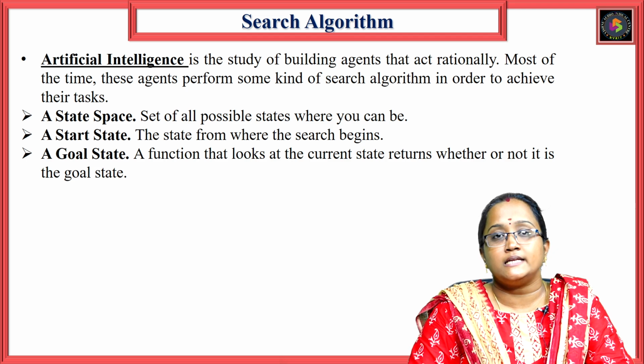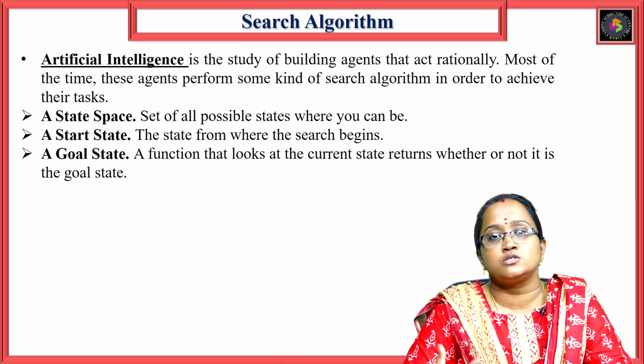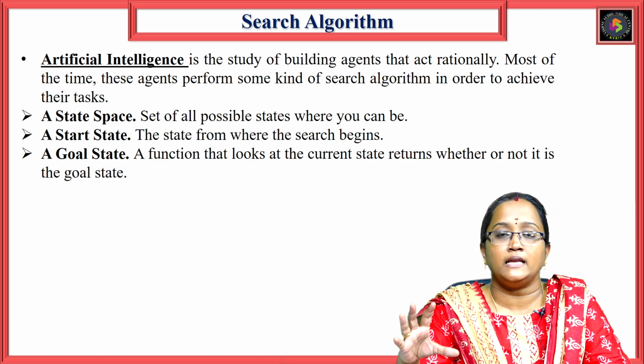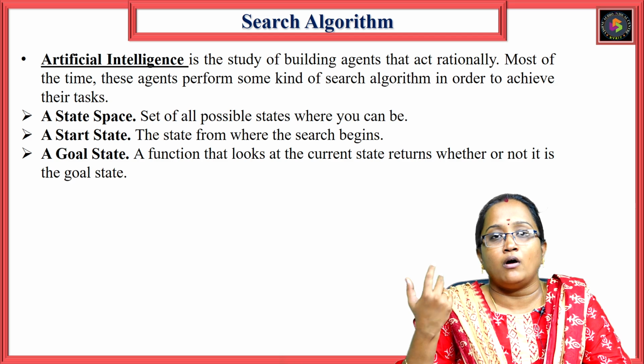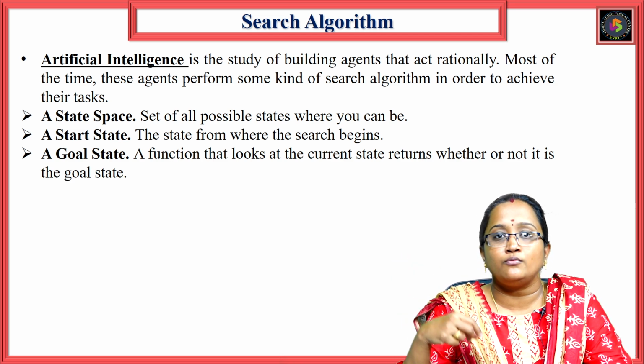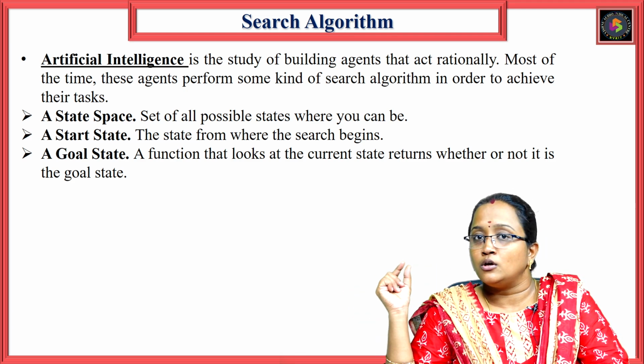So first thing, search algorithm. An artificial intelligence search algorithm is mainly used to find solutions. Suppose you are given a problem. For that problem, you have to start and find the solution. Finding the solution is called our goal.